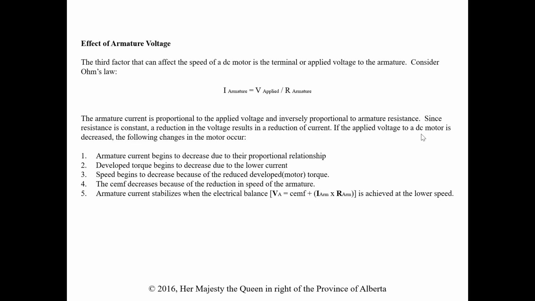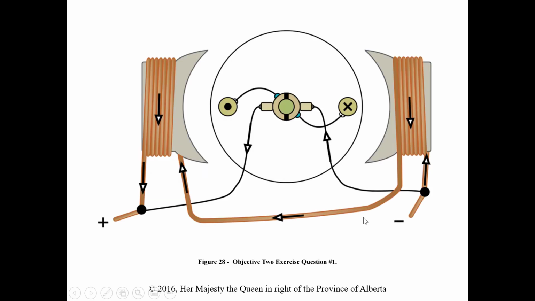And then the CEMF decreases because of the reduction of speed in the armature. So armature current stabilizes when the electrical balance is achieved at the lower speed. Okay, so those are the ways we can affect the speed. Those are the three ways we're going to talk about affecting the speed of a DC motor.